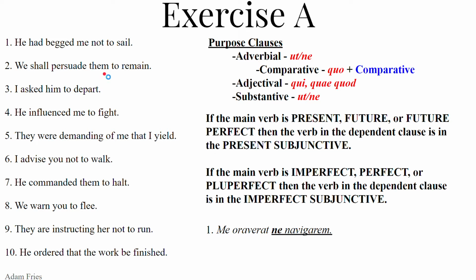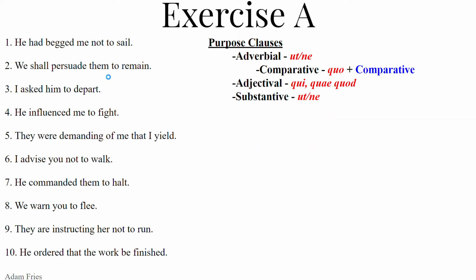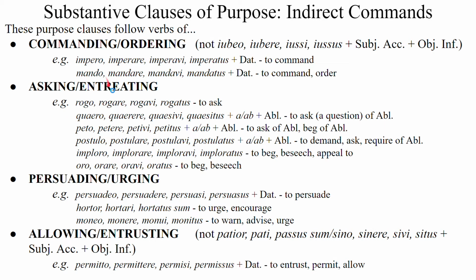Tertia, sententia tertia. I asked him to depart. You have a couple options for asking verbs. You can use the transitive rogo, rogare, rogavi, rogatus. You can use quaero, quaerere, quaesivi, quaesitus, or peto, petere, petivi, petitus, or postulo, postulare, postulavi, postulatus.